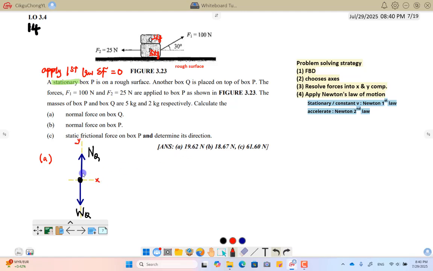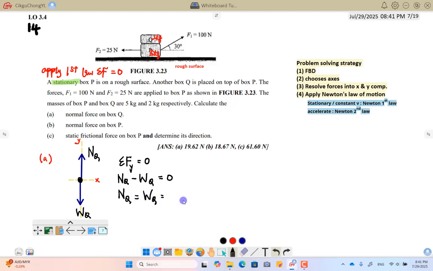I can see the normal force on box Q is acting upward and the weight of box Q is acting downward. Since the system is stationary, I apply Newton's first law. Summation of force for component y is equal to 0, so NQ minus weight Q equals 0. Rearranging, the normal force on box Q equals the weight of box Q.